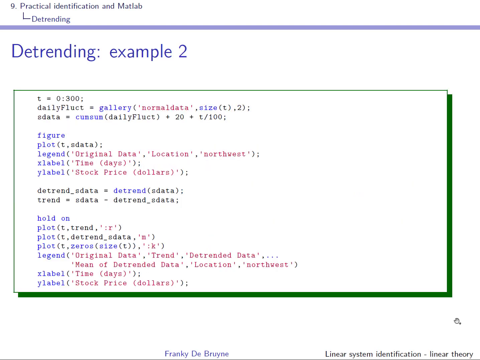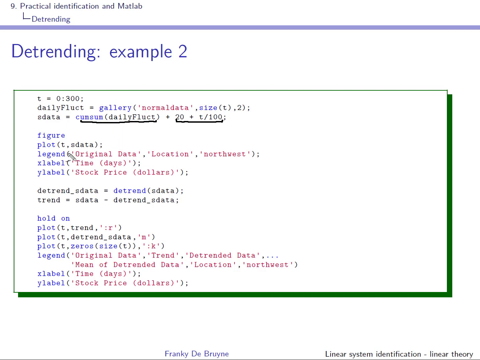So what we do over here is simulate a stock price, so the price of a given share, and we simulate it as a linear trend, right? And the other part, we take it as normal data, where we take the cumulated sum. This is sometimes called a random walk.